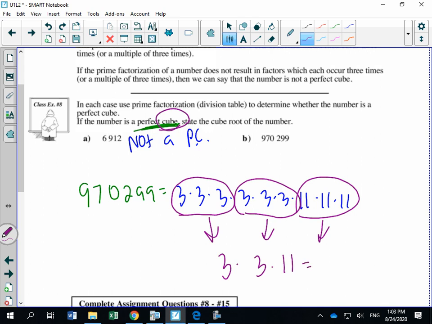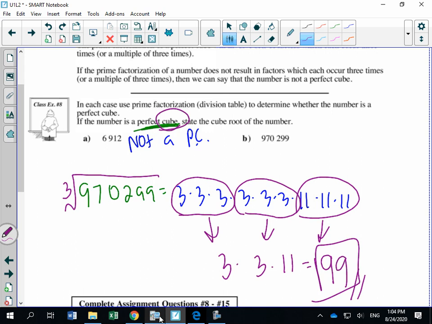So the cube root of that huge number without typing it in on a calculator: 3 times 3 is 9. 9 times 11 is 99. Let's confirm that on our calculator.